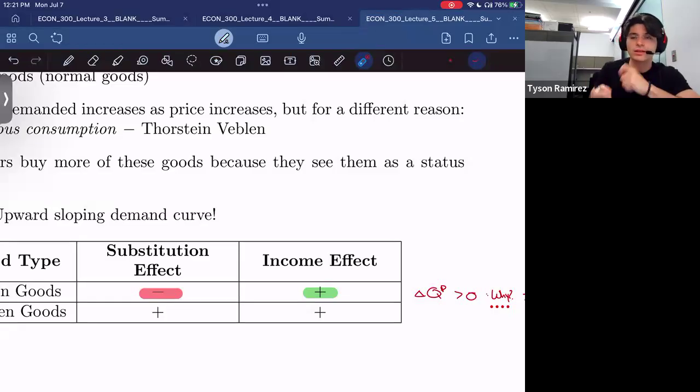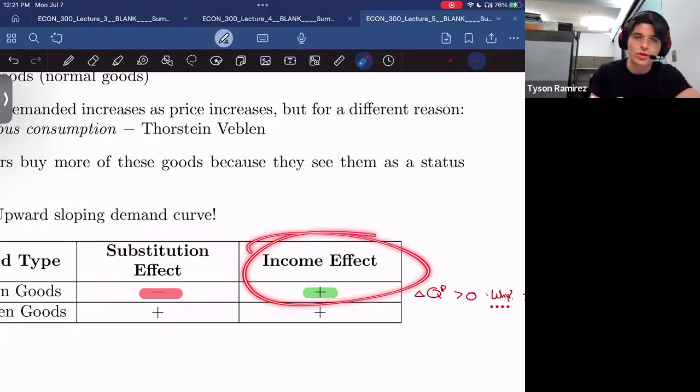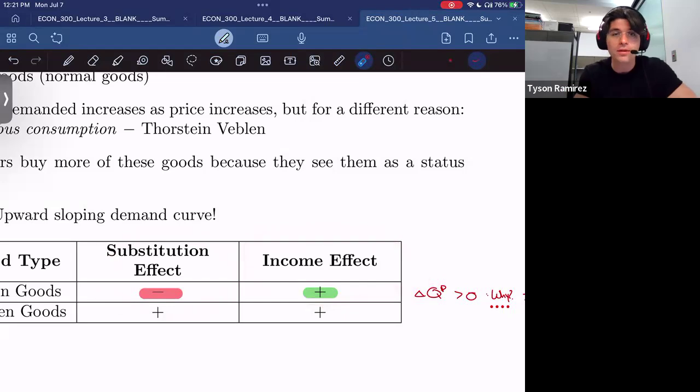It's going to mess with marginal utility equality. So that would decrease consumption, but the income effect is stronger. Remember, we're dealing with low income populations when we want to consider Giffen goods. So the income effect tends to be stronger, and we would consume more of this stuff. And in this case, the income effect is greater in magnitude than the substitution effect.